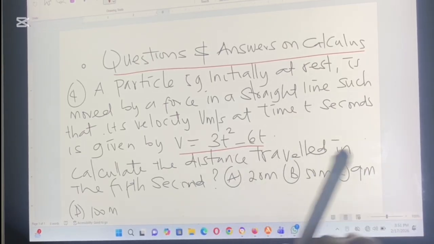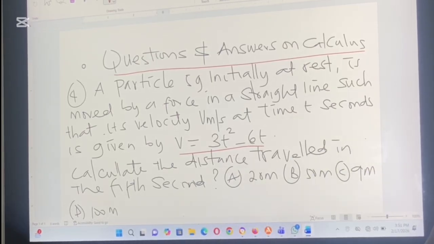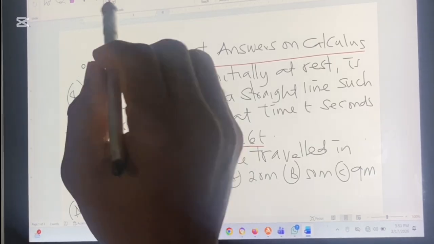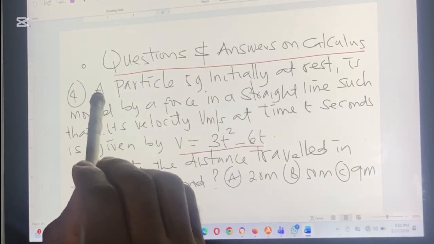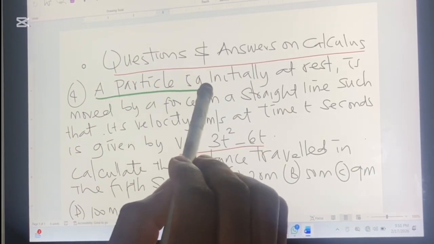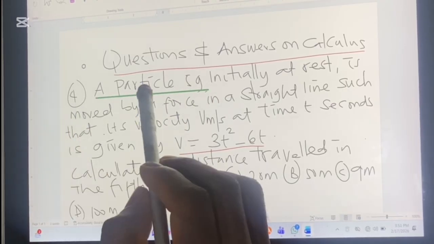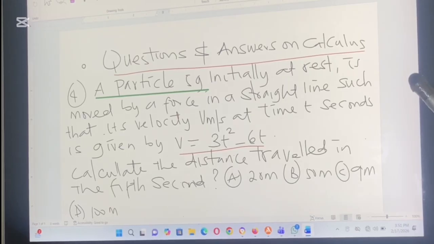Calculate the distance traveled in the 5th second. Okay, now let's understand the question perfectly before we solve this. They gave us the mass in this question here. The mass is 5 gram.